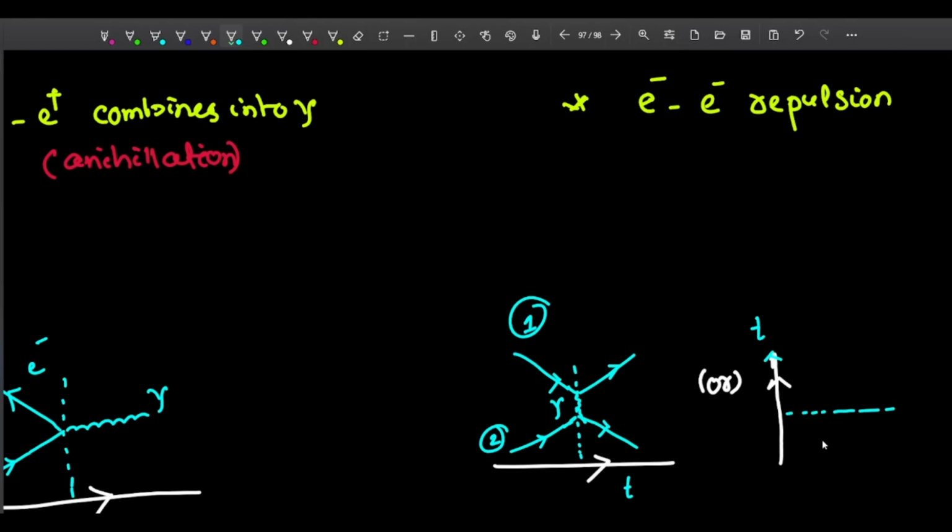In the reactant side we have the two electrons moving forward in space and time towards each other, and one of them exchanges the gamma ray like this, and then they undergo the repulsion there. So this is an electron, this is an electron. This is one electron, this is another electron. This is the way to represent electrostatic repulsion in a Feynman diagram.